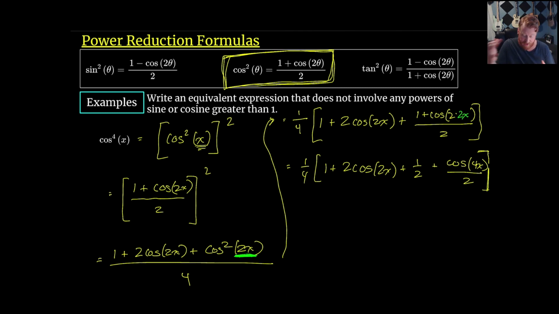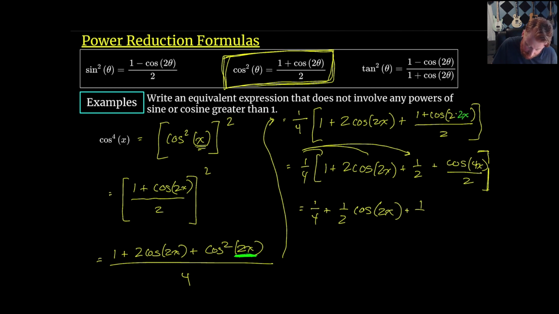That way I can now redistribute this 1/4 and combine like terms and get everything written in one string here. So I'm going to have 1/4, this is just distributing now, plus 1/2 cosine of 2x plus 1/8 plus 1/8 cosine of 4x. Sorry, that's getting a little squeezed in there. Let me write that a little cleaner.